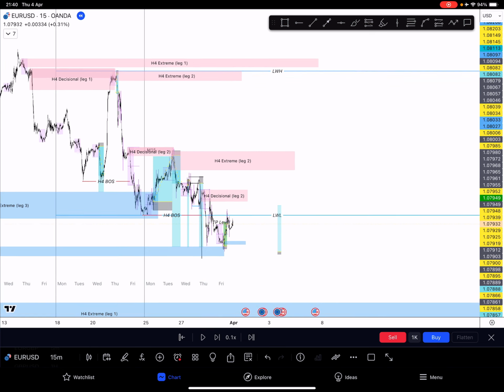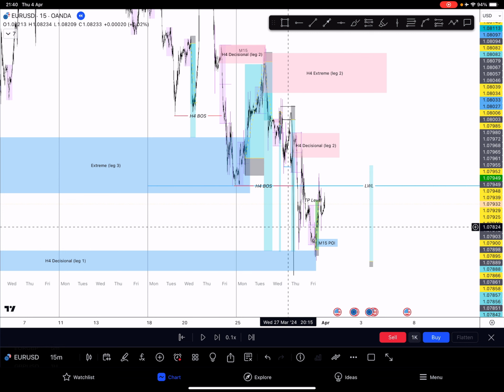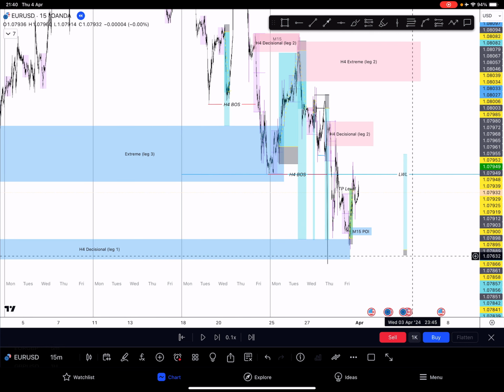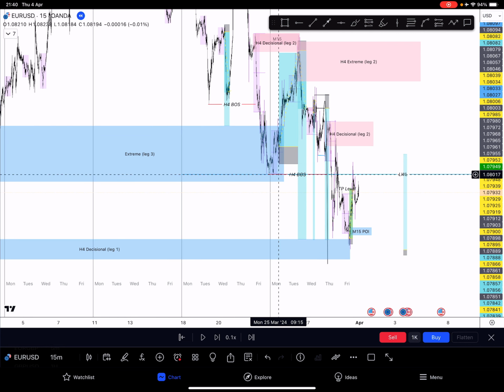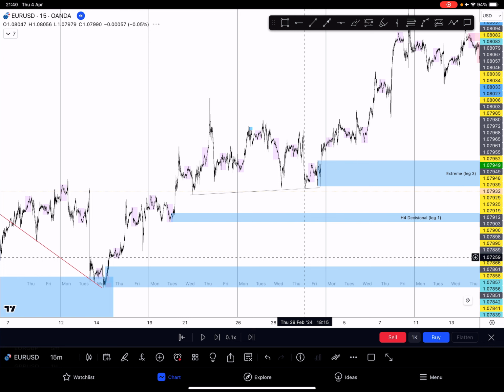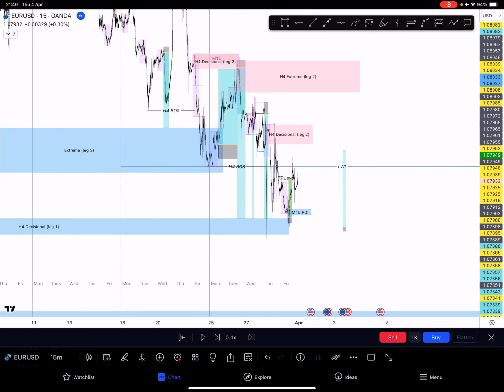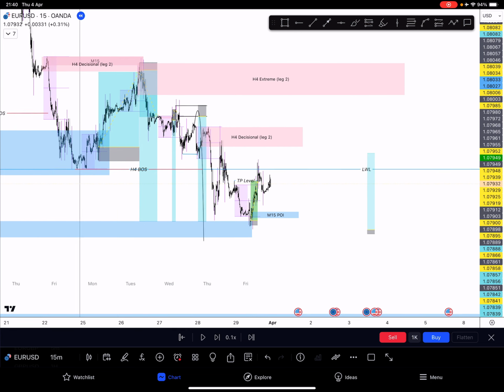Okay, I brought it right down. Yes, I brought it right down. So I definitely took partials here in that break of structure and then carried everything right down here, as I showed you on H4.